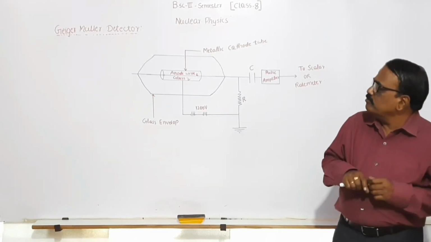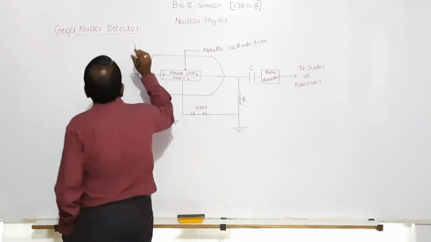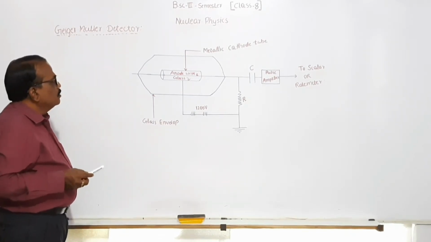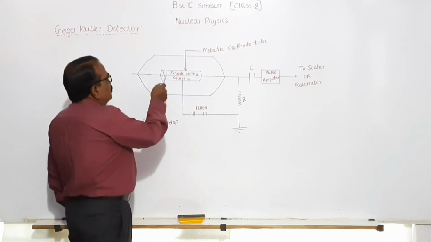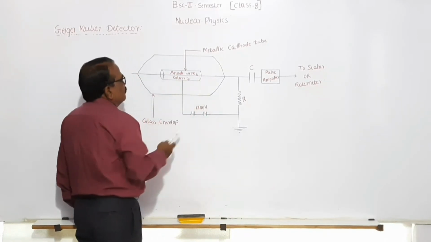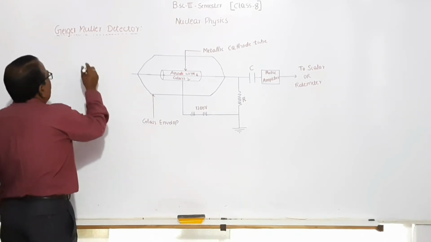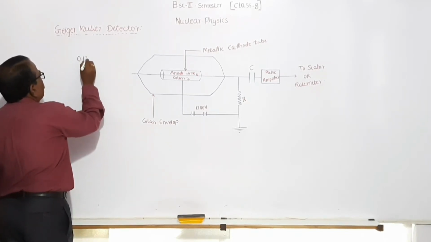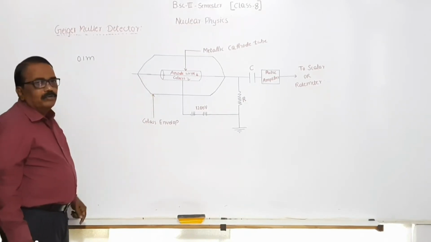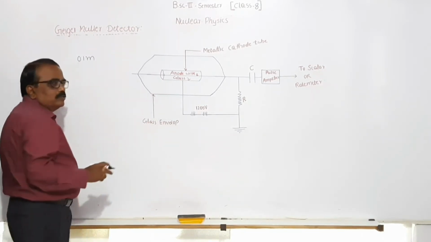One of the detectors is the Geiger-Muller detector, or simply the GM detector, which you are supposed to study. The GM detector consists of a cylinder, and exactly at the center, a tungsten wire of 0.1 millimeter diameter is passed. This tungsten wire serves as an anode, and it is surrounded by a cylinder made of glass.